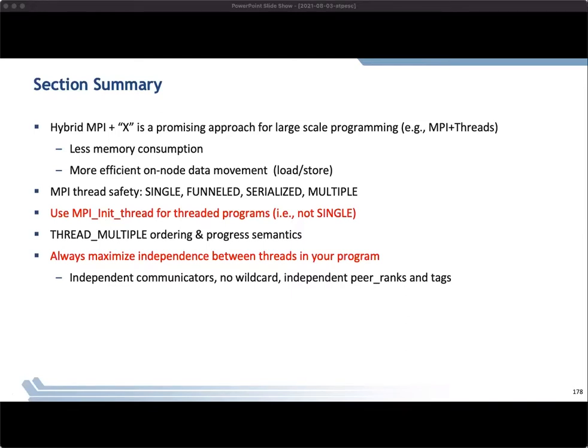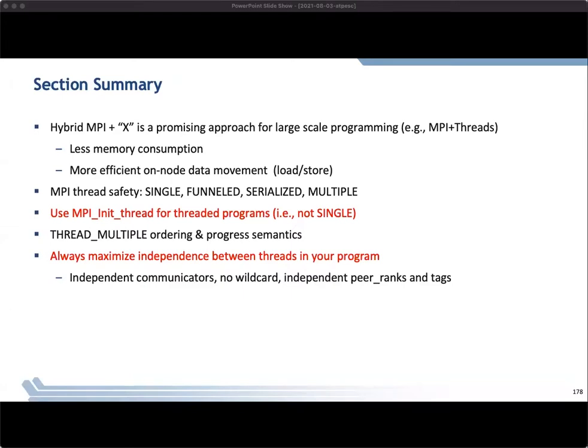So the conclusion is it's highly encouraged to carry out communication with threads instead of doing communication with MPI processes. Actually, no, there's no one rule that fits all, right? The rule of thumb is to think about your application.